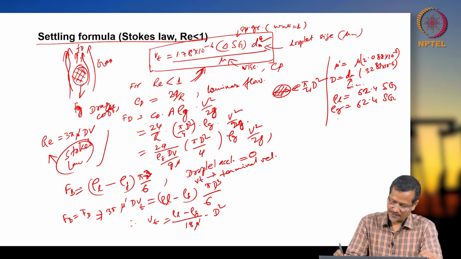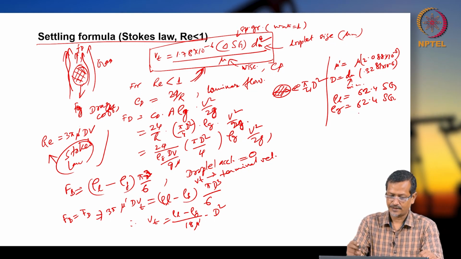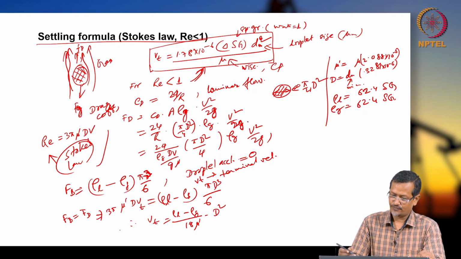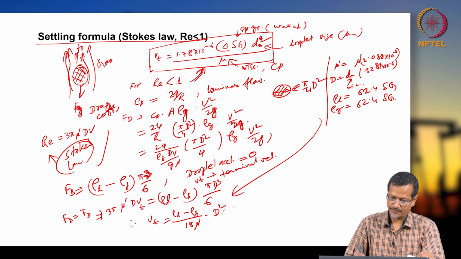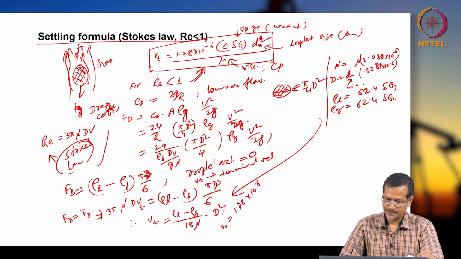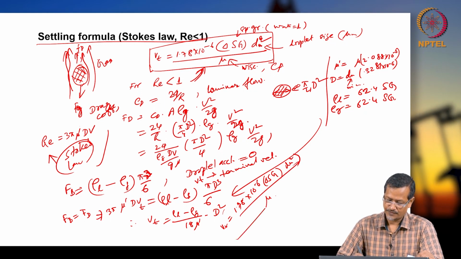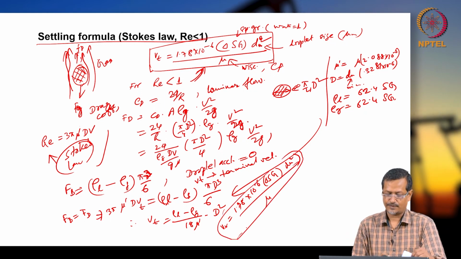Okay, Sg is specific gravity related to water, already given. So if we put all these values here, finally you will get the equation Vt equals 1.78 into 10 power minus 6 Sg dm square by mu. Okay, so you should remember this formula.